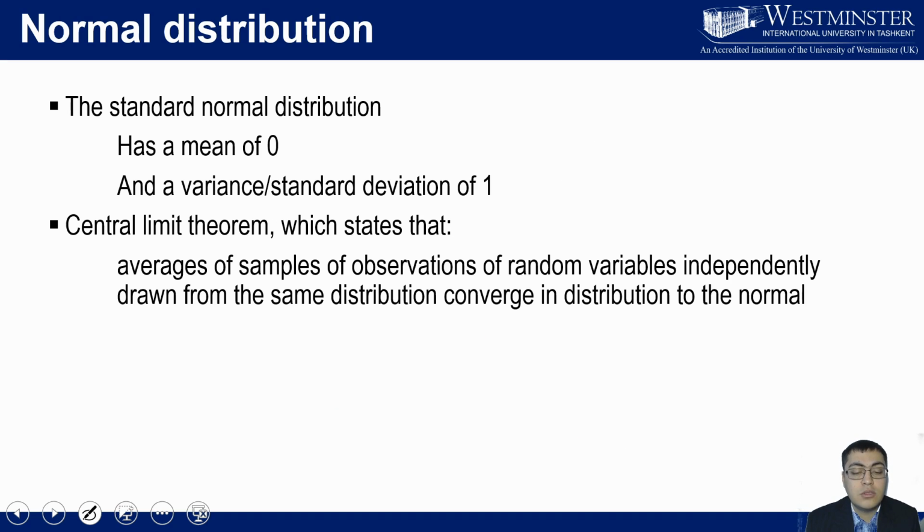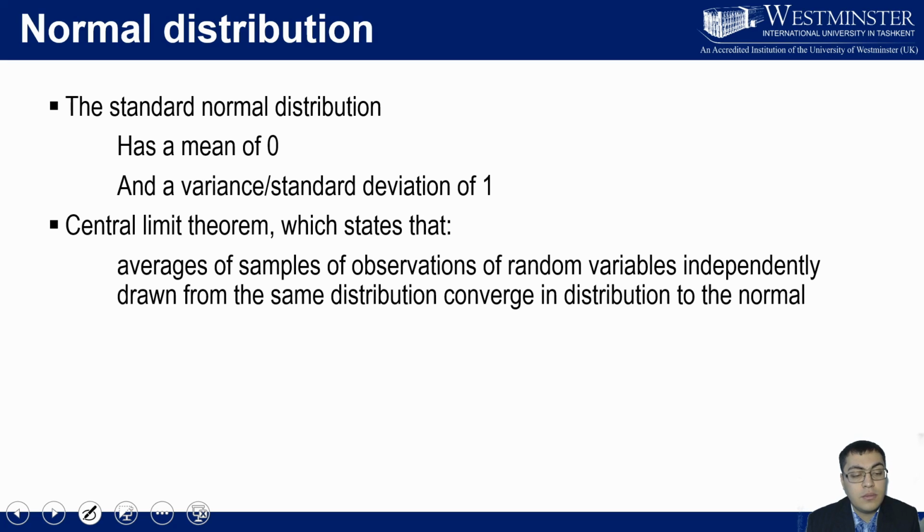Within the family of normal distributions, we have what is known as a standard normal distribution. This one specifically has a mean of 0 and a variance or a standard deviation of 1. It's inconsequential which one we're talking about, because the square of 1 is 1 and the square root of 1 is also 1.